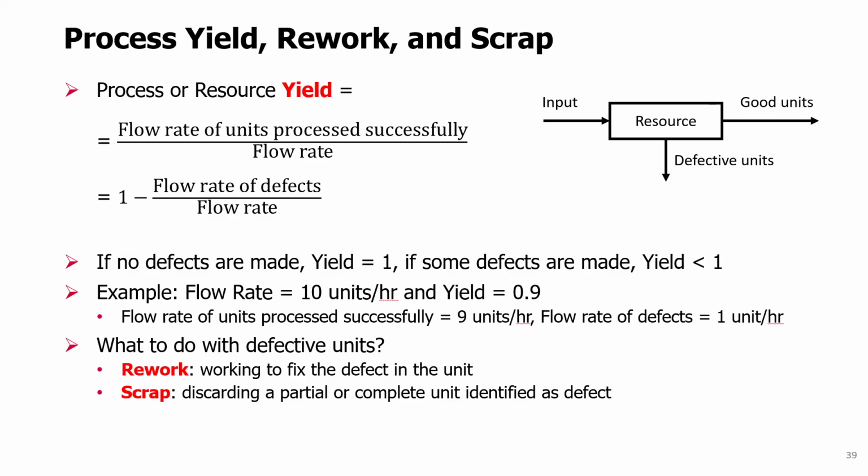If we do rework, we might need additional resources, and rework then might consume additional costs. Or if we do rework on the same resource, then we reduce its capacity. And if we use scrap, then of course we will also have to start producing more units than we at the end need, and therefore the yield has again impact on process capacity.